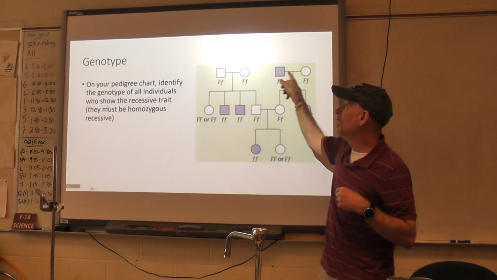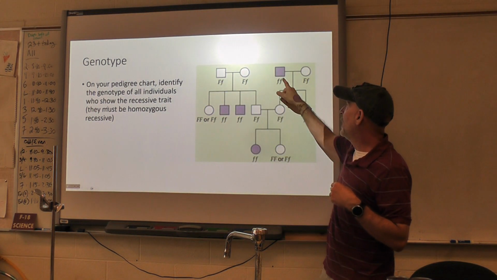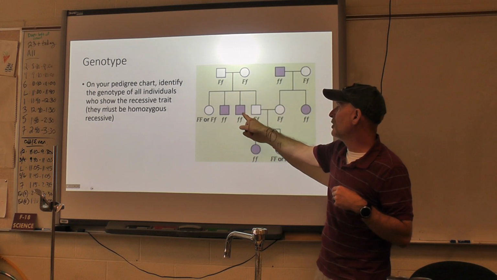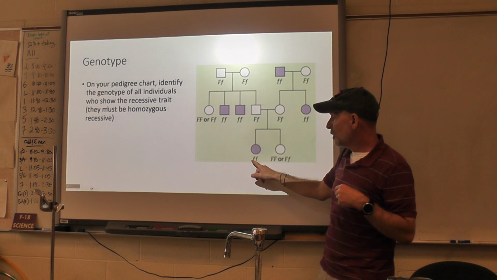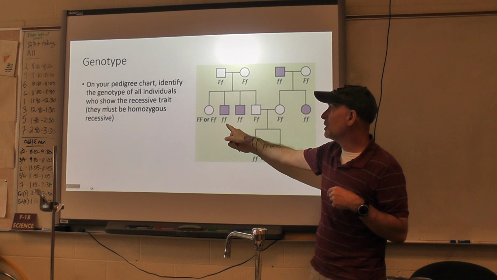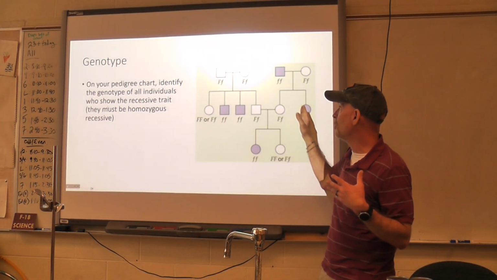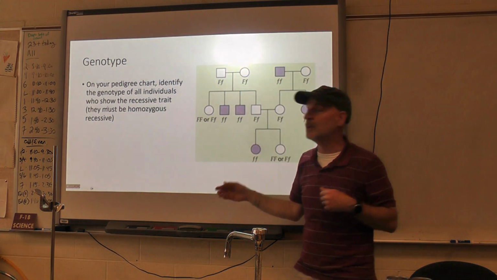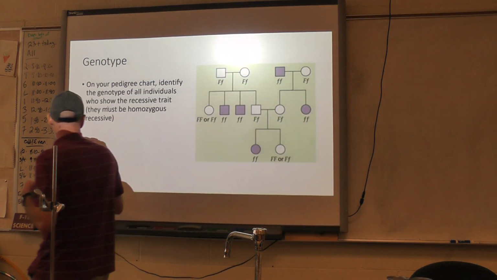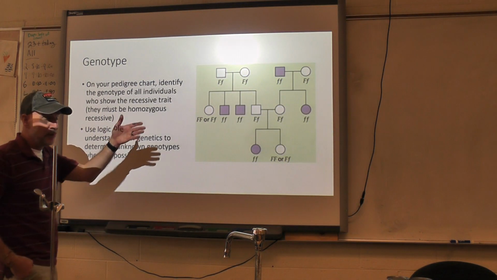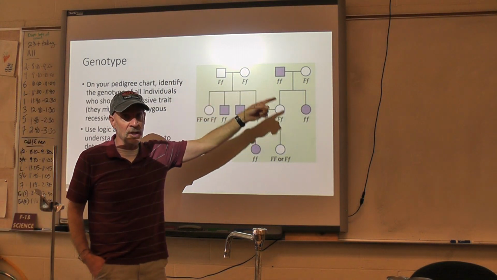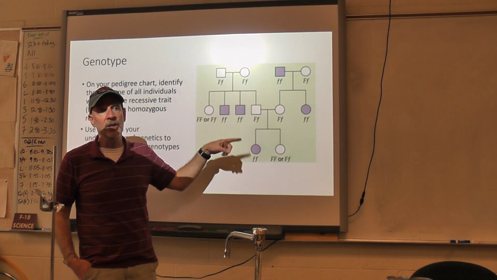So on this pedigree chart, you can see that every individual that's colored in is homozygous recessive. The genotype is homozygous recessive if they show this trait, which must be a recessive trait.